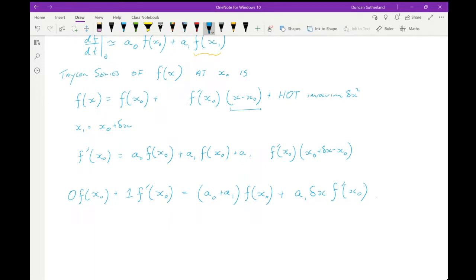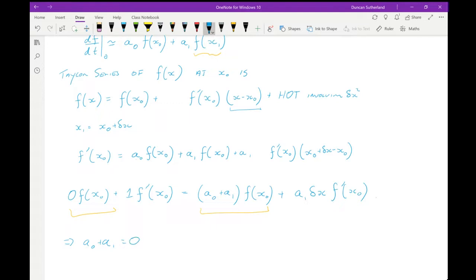All right, so let's highlight this one in yellow, and we're equating it with this one, because we can't get an f prime from an f or vice versa. So the only way that this equation is true is if this coefficient happens to be equal to the coefficient on the left. That implies a0 plus a1 equals 0.